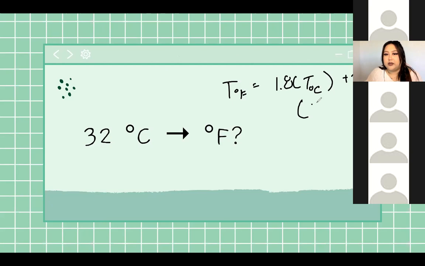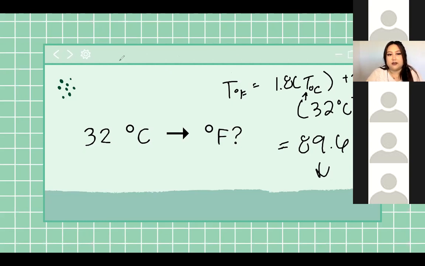So plugging 32 into that, 32 times 1.8, then that would get 89.6 degrees Fahrenheit. And in the sig figs, what would that be? 90. Yeah, perfect. 90 degrees Fahrenheit. Thank you, Iris.